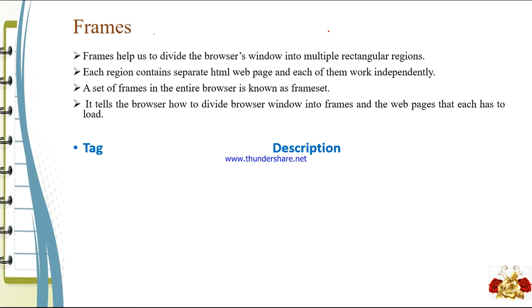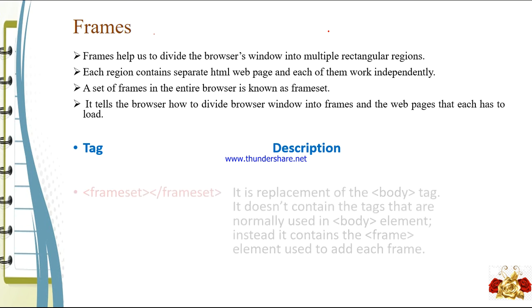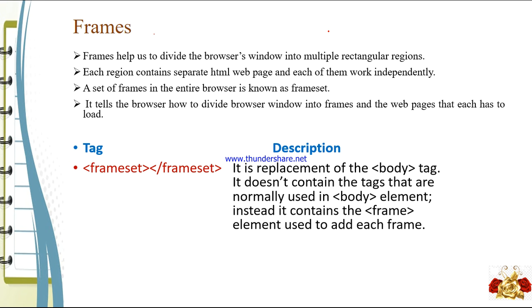We have a number of tags used for frames. The first tag, frameset, open and close. What is the use of this frameset? It is a replacement of body. It does not contain the tags that are normally used in body elements.